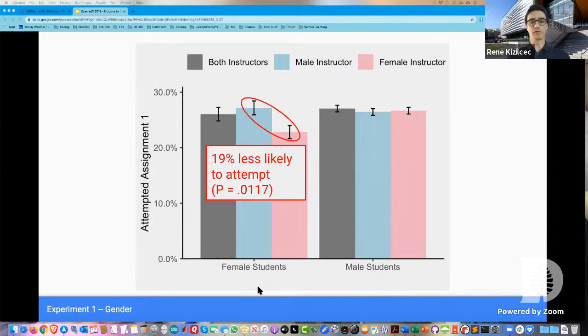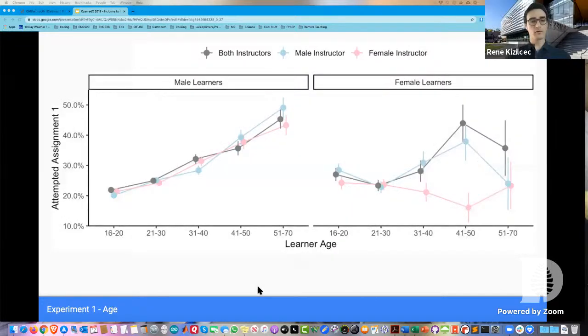Okay. If we go to the next slide, we also see that when we dug into it somewhat more, we found that the effect was really driven by certain age groups. Right, it was older students, older female learners who didn't prefer the female instructor, but preferred the male instructor or both instructors. Right?